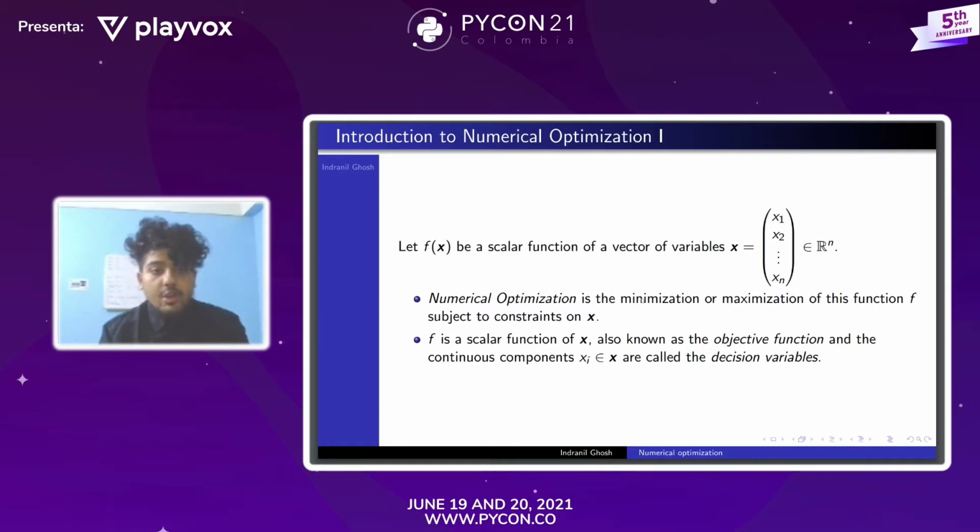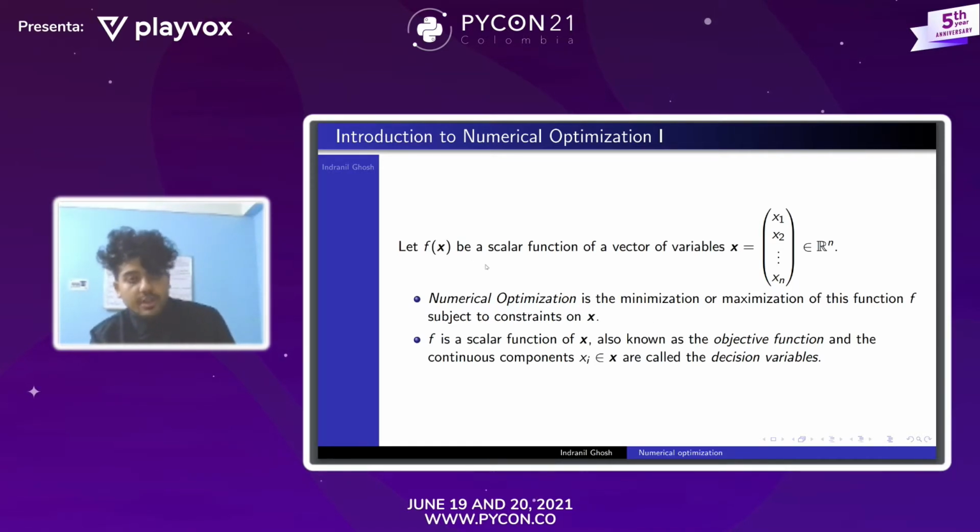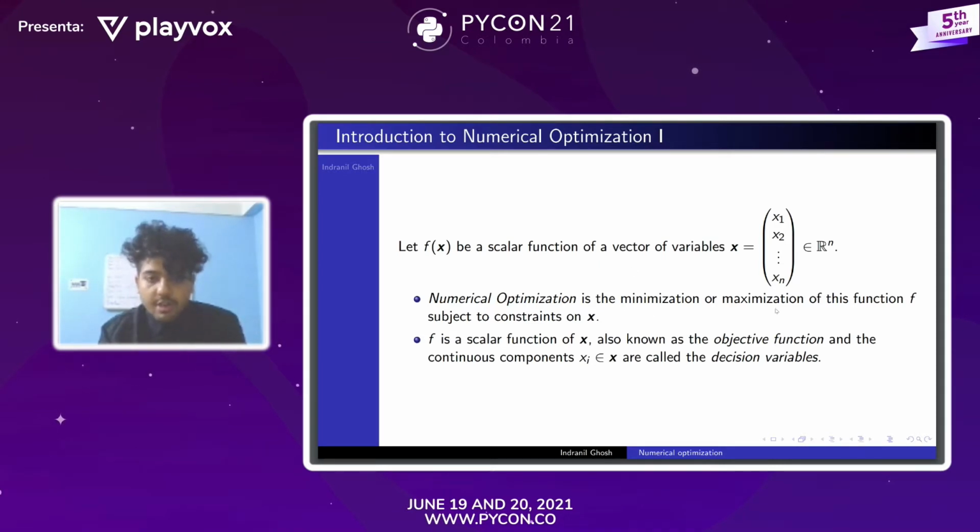Numerical optimization is the method of minimizing or maximizing this function f of x, which is the objective function, given that some constraints are imposed on the vector of variables x. And the elements xi of the vector x are called decision variables.